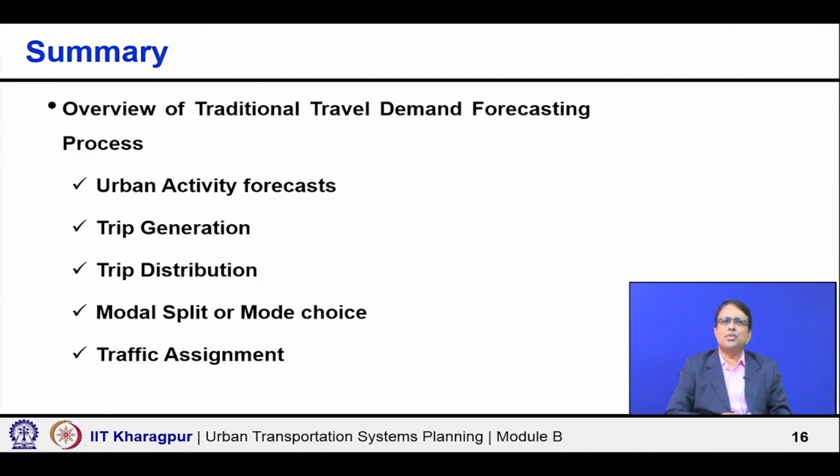Then the mode choice decision tells me how the trips are getting distributed to available modes, and the traffic assignment tells me how the trips from one point to another point using a particular mode are getting distributed to different routes or different paths to give me the final demand in terms of link volume, intersection volume, bus ridership, and so on and so forth.